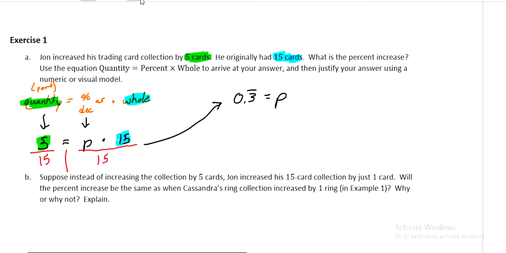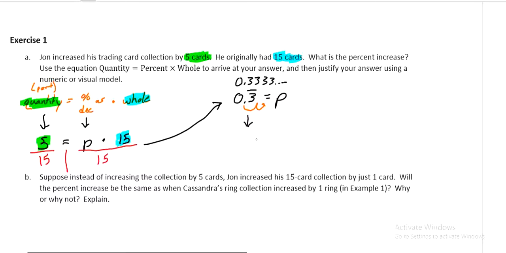Now we want to turn this into a fraction. So we'll go ahead, we'll move the decimal back once, twice, remembering that this is 0.3333, and it keeps going on forever.